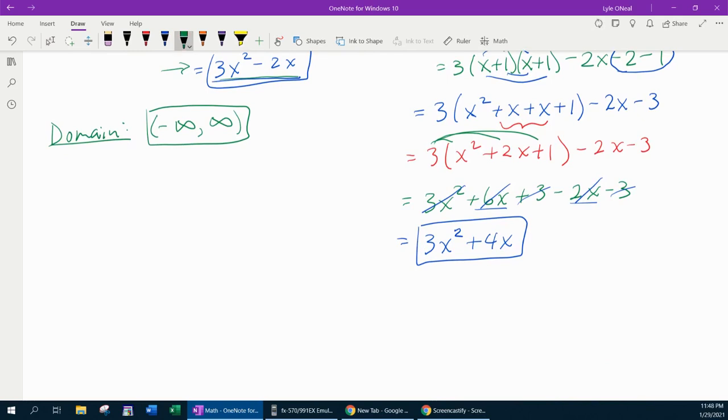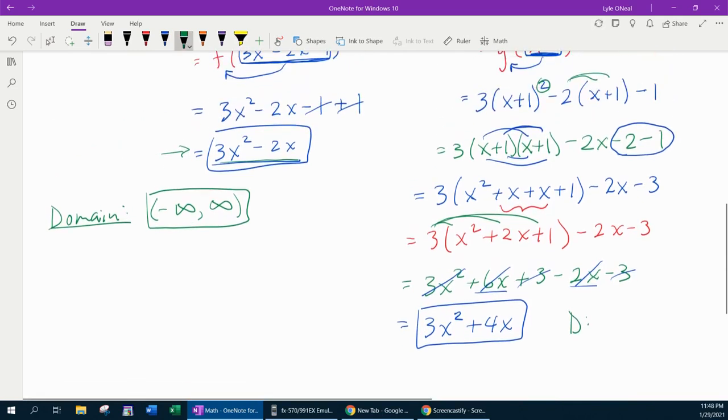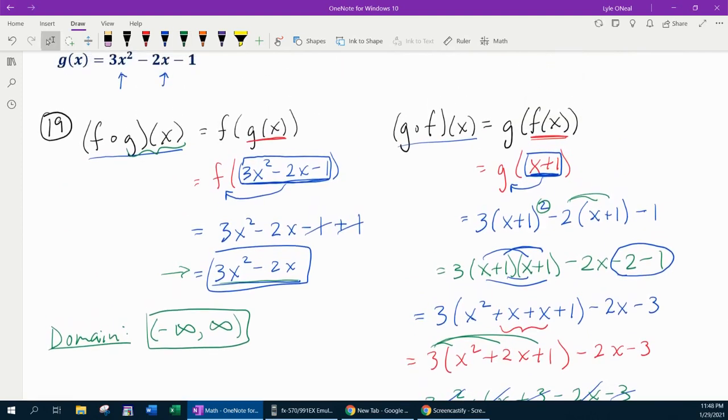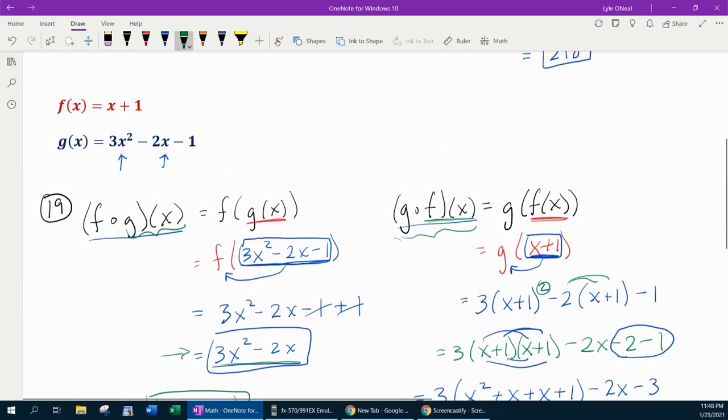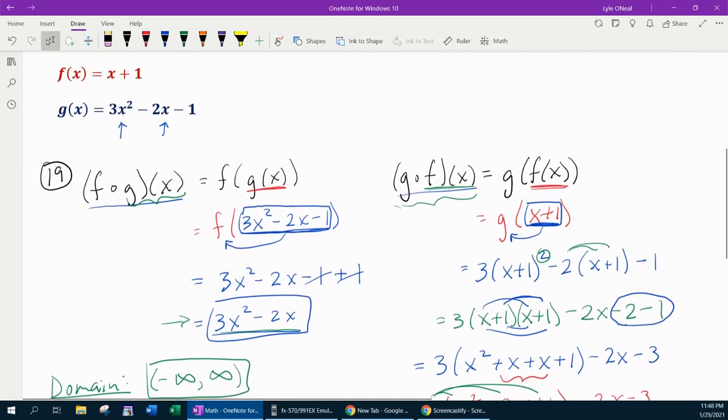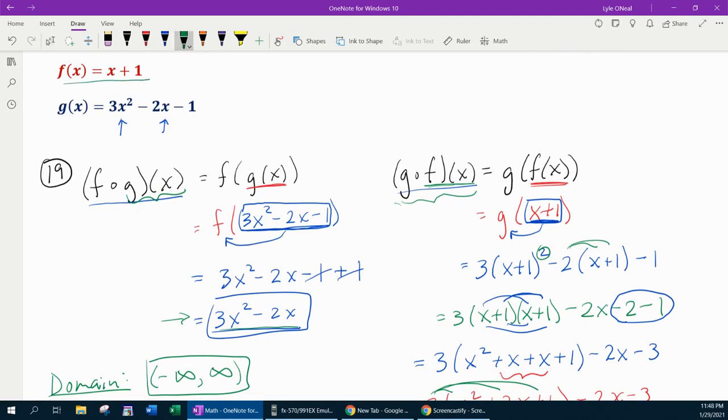Now, they also want the domain here. And again, the domain is going to depend on if f of x has a restriction, and then if the entire answer has a restriction. So if we go back and look at f of x, it was linear. This is y equals mx plus b form. This is linear.